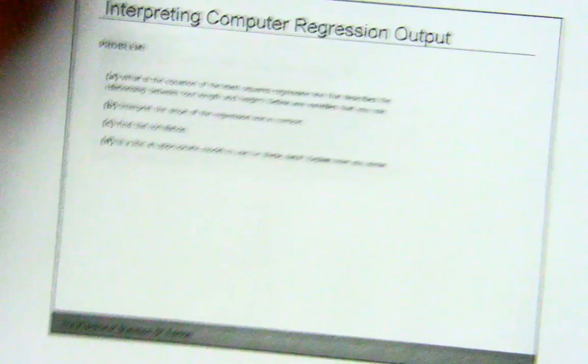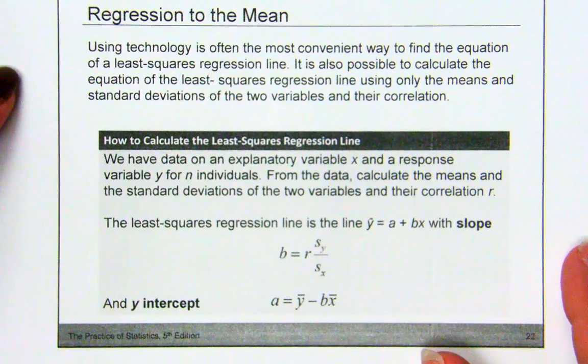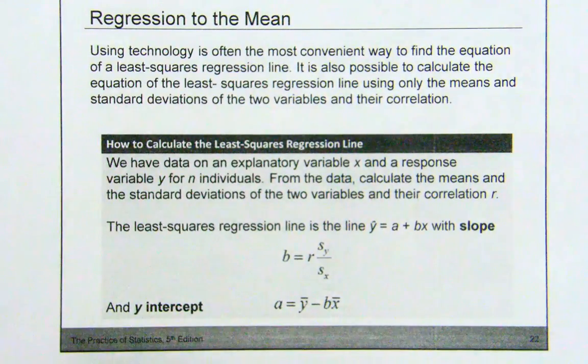The next thing is about regression to the mean, and this is just weird to me. You're going to use this when you have very little information, and you'll see why in the next slide. Using technology is often the most convenient way to find the equation of a least squares regression line. It's also possible to calculate the equation of the least squares regression line using only the means and the standard deviations of the two variables and their correlation.